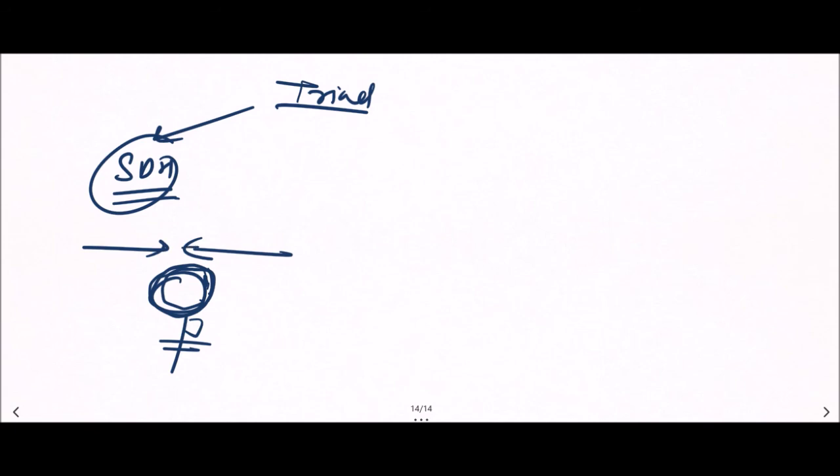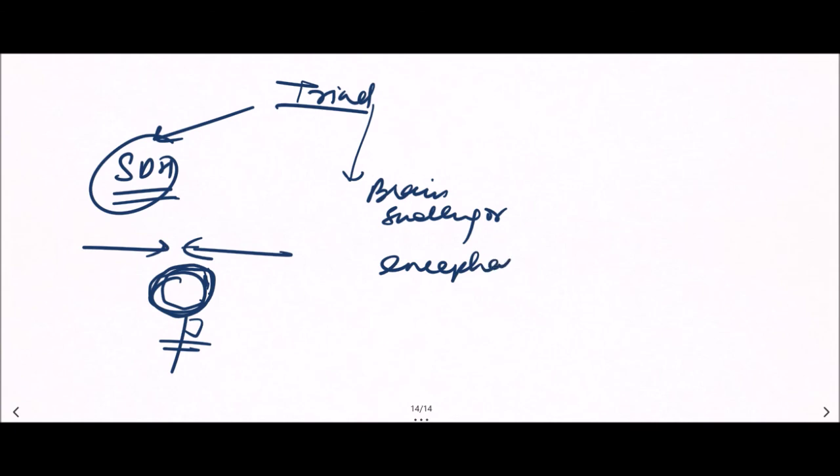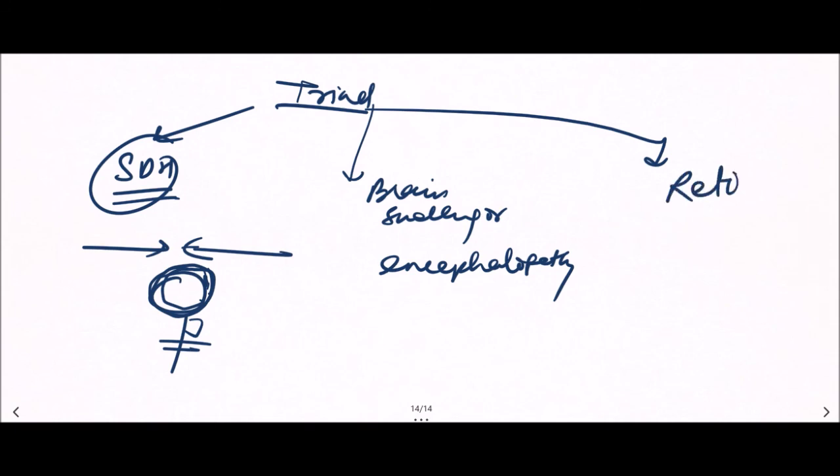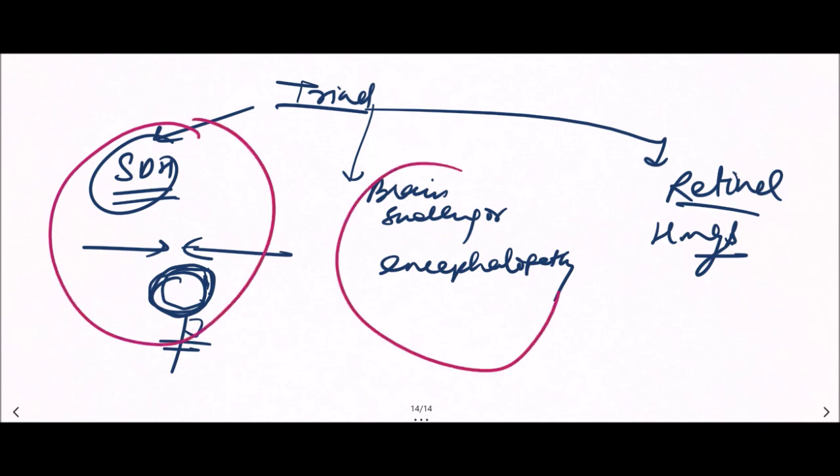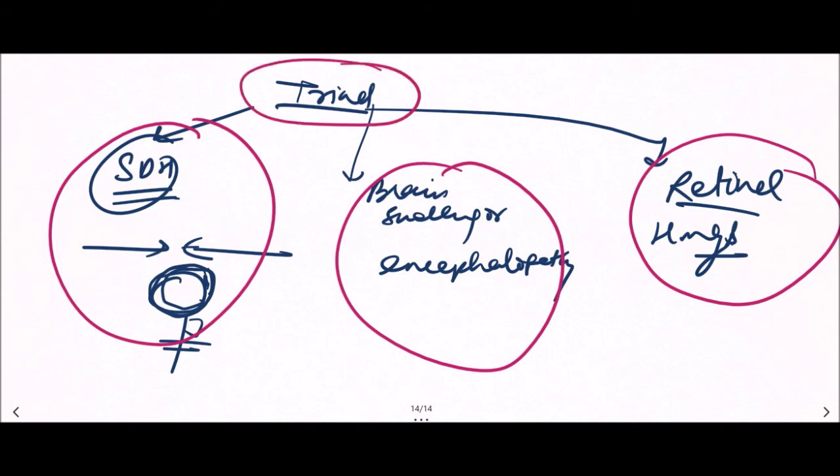There may also be brain swelling, brain edema, or encephalopathy. The third feature is retinal hemorrhage, due to traction force from violent shaking. So these three important features, SDH, brain swelling or encephalopathy, and multiple retinal hemorrhages, are classically seen in the triad of shaken baby syndrome.